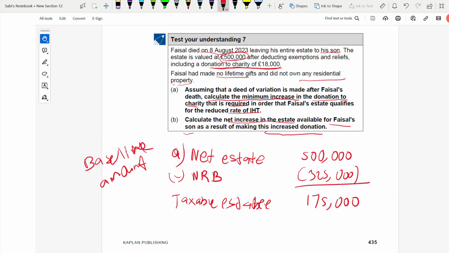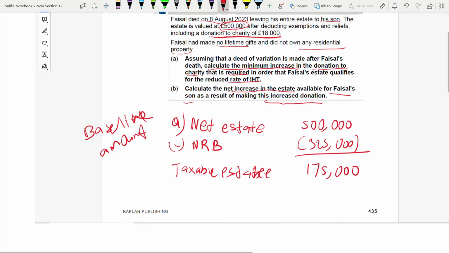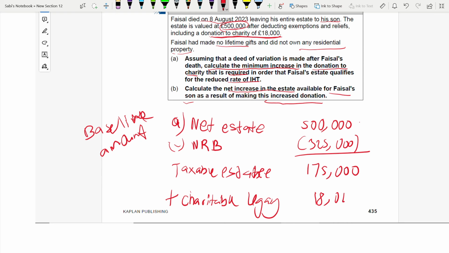Now from the taxable estate, add back. You have deducted your charitable legacy to get the net estate, so now add back the charitable legacy. How much was the charitable legacy? 18,000. Now you get your baseline amount, 193,000.